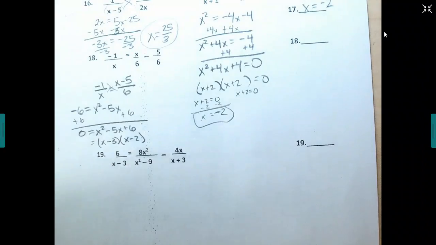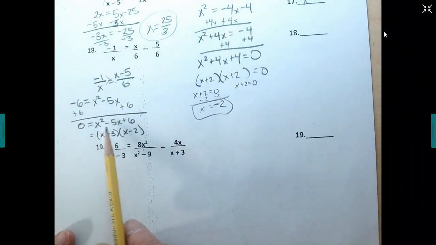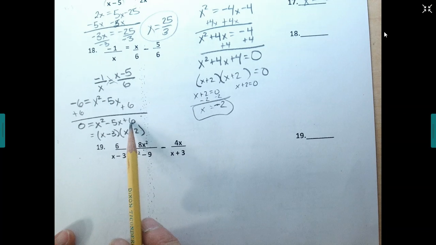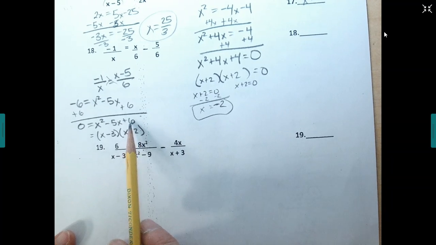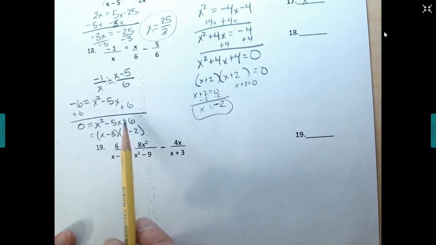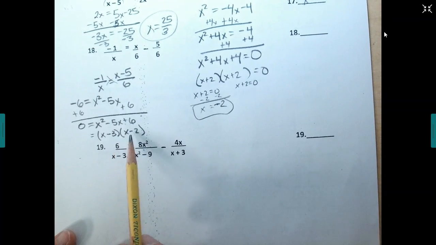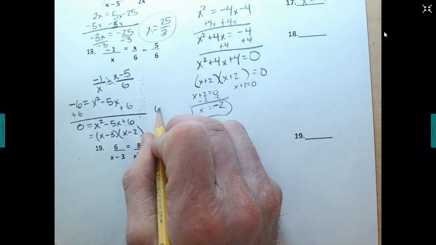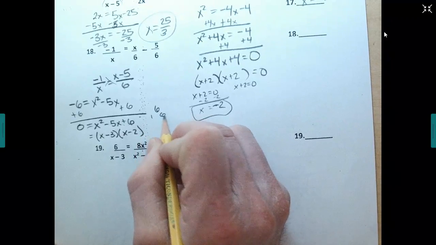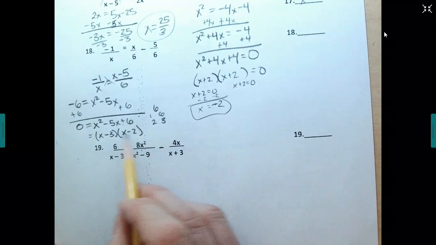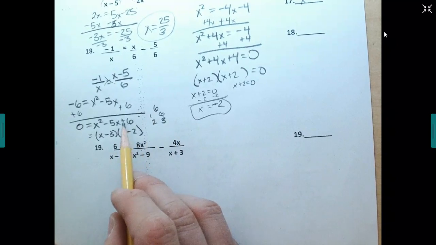Now, a lot of people got x minus 6, x plus 1. But a negative 6 and a positive 1 doesn't equal a positive 6. So don't forget to check and make sure that your factors get you to a positive 6.